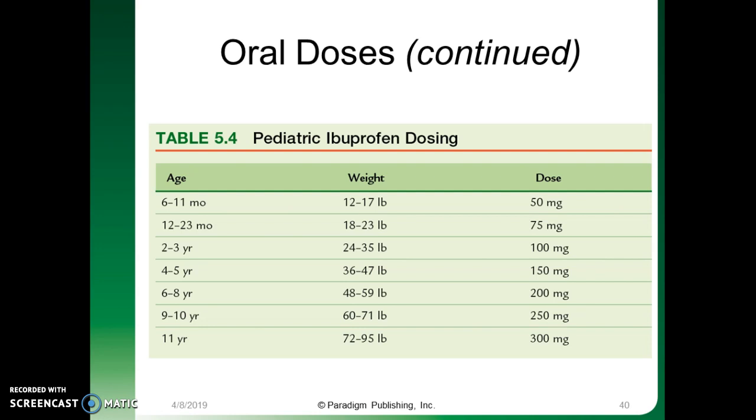And see the difference between the acetaminophen and ibuprofen. Ibuprofen also states the weight of the patient. 12 months to 23 months, 18 pounds to 23 pounds, should be given 75 milligrams, and so forth.